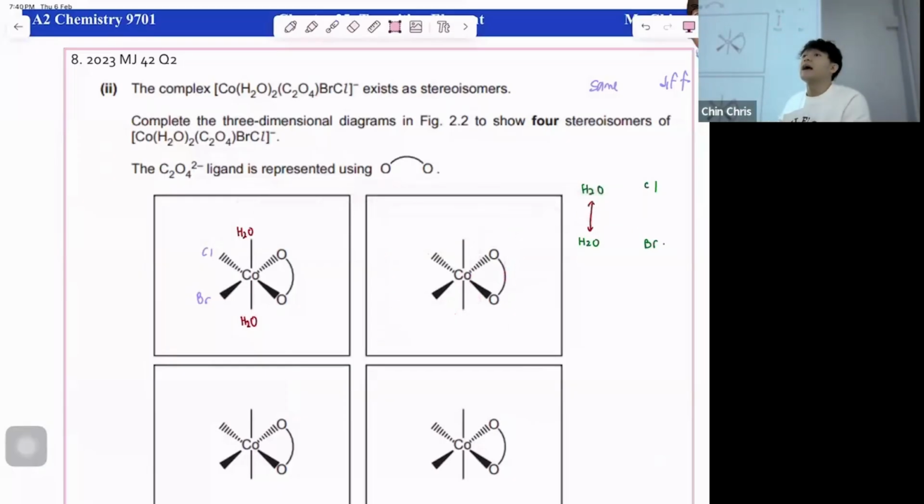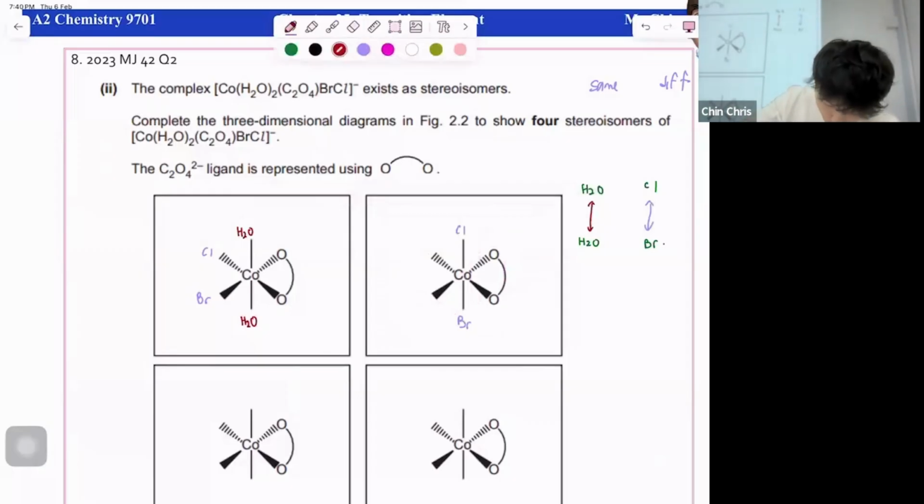Okay, guys, now, any other way that you can draw it? So, guys, we're going to draw ClBr 180 this time. Okay, let's go. ClBr 180 this time. And H2O, H2O. Okay, so guys, is this same or different? It's different, right?